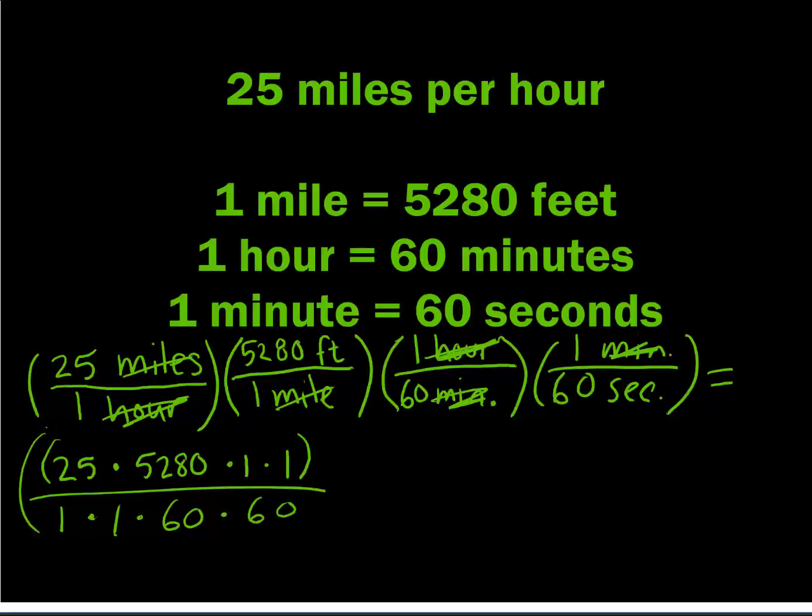Okay, so let's do that math and we will figure out what our final answer ends up being. By the way, these units are going to be feet per second if you look at the remaining units. So this would be feet per second. Okay, let's go ahead and do the math.